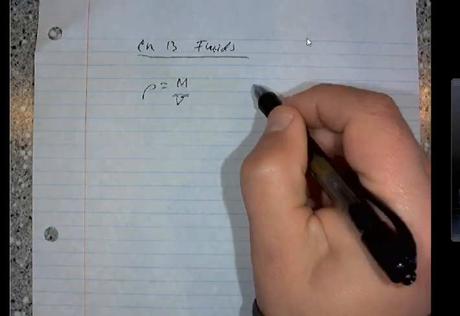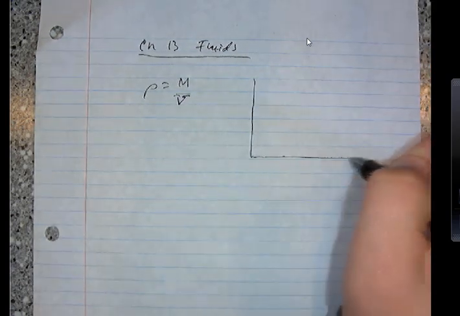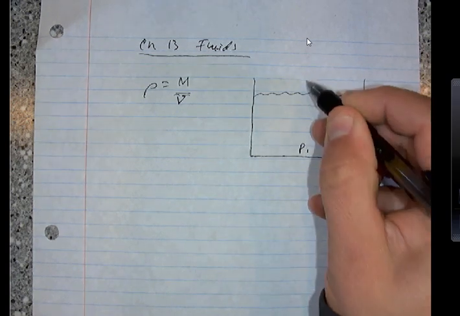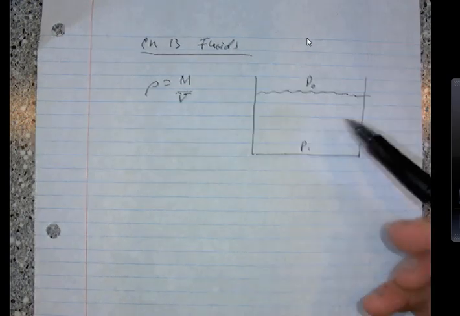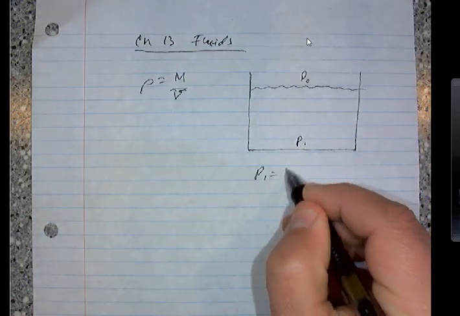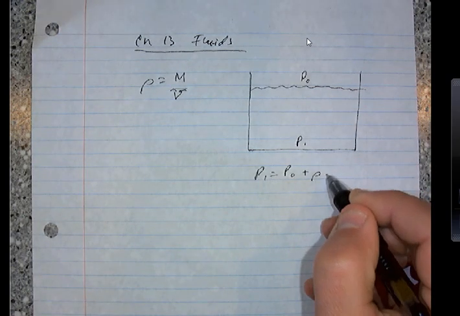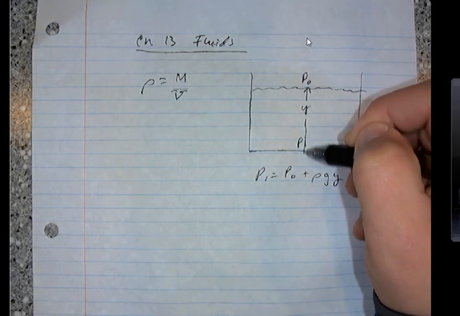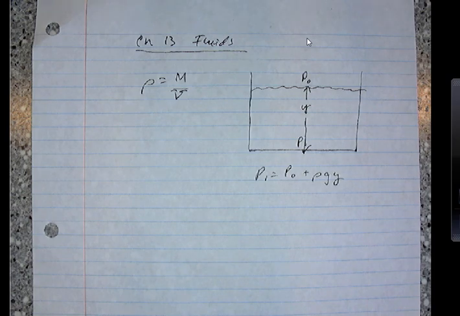We also did pressure at depth. This was also on the 3rd test. So the pressure down here, this is fluid statics again. The pressure down here, P1, is the pressure at the top plus rho g y, the density of the fluid. And this is the y that I'm speaking about here. So you can figure out the pressure at depth.